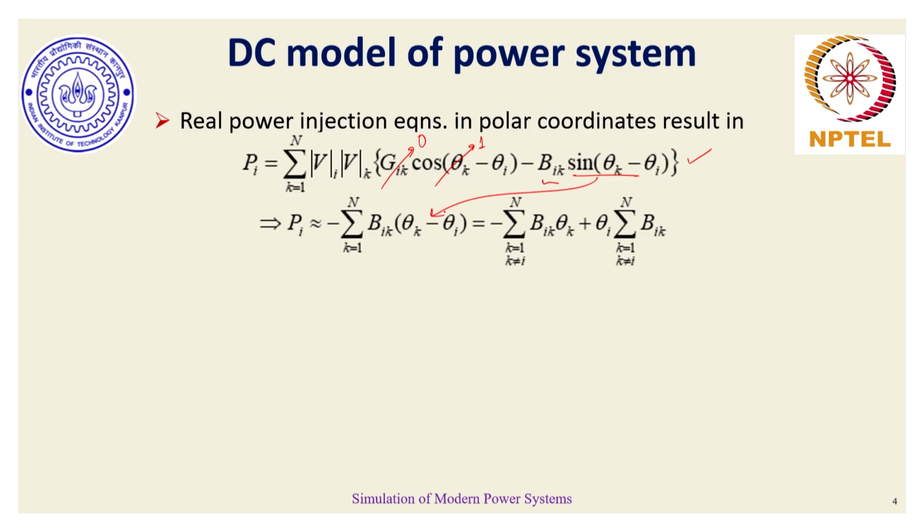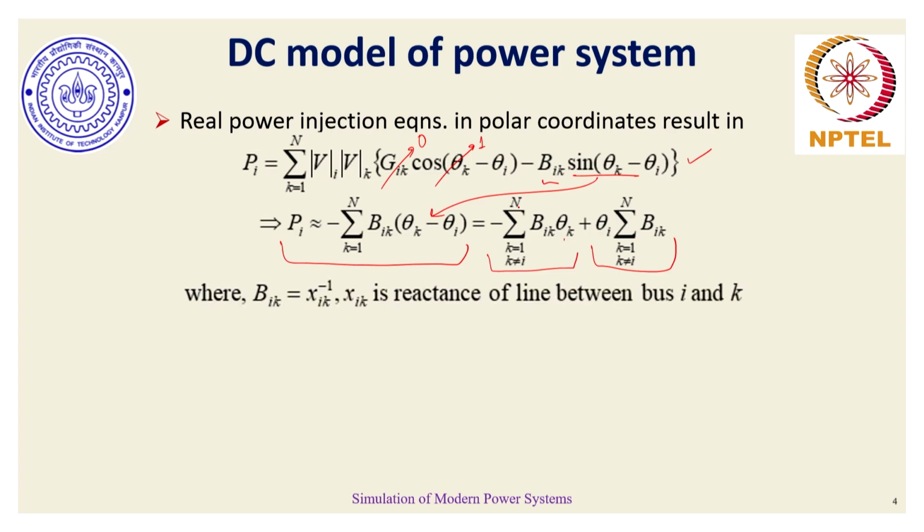So the real power injection equation can be approximated by this form, which when expanded gives us two terms: one for phase angle theta I itself and the other for all other bus voltage phase angles, that is theta k, where k runs from 1 to n. BIK in this case is simply the inverse of the actual line reactance.